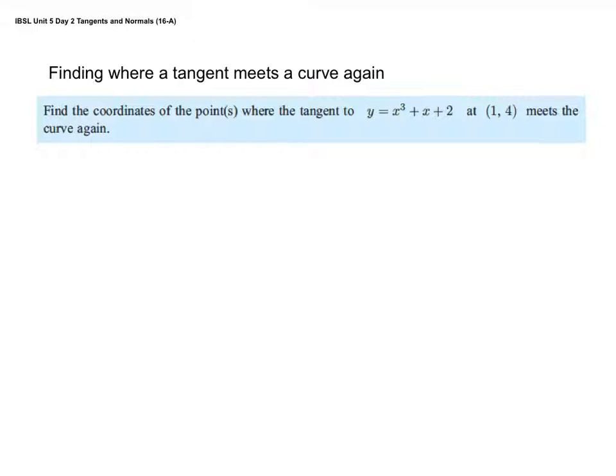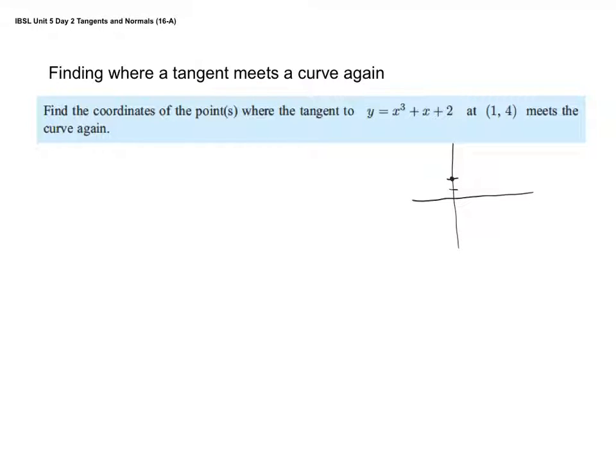Now let's illustrate what this is actually talking about. We have this function. I know the y-intercept is at 2, and I know it's cubic, all right? So I don't know exactly what this looks like, but maybe it looks something like this.